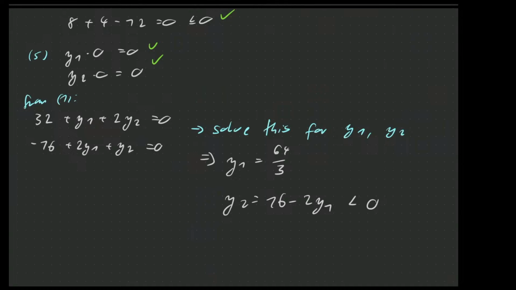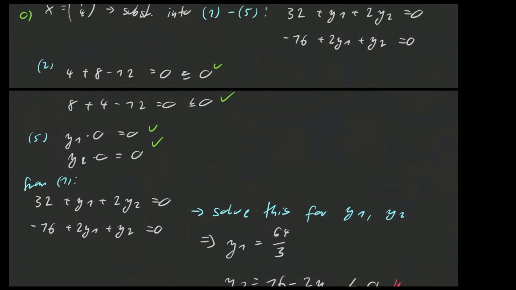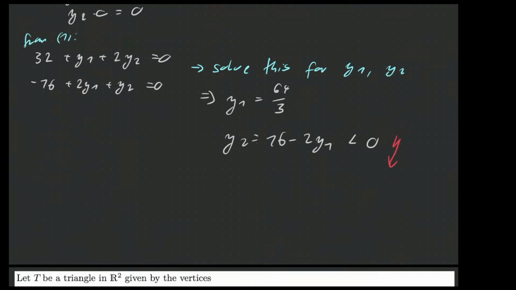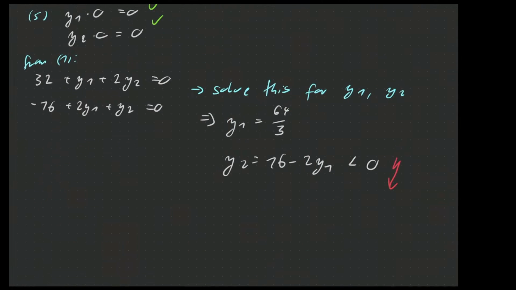And the point is, if this is negative, then this violates one of the conditions, and that condition is the fourth one here, that the y's have to be non-negative. Right, so that is a contradiction.